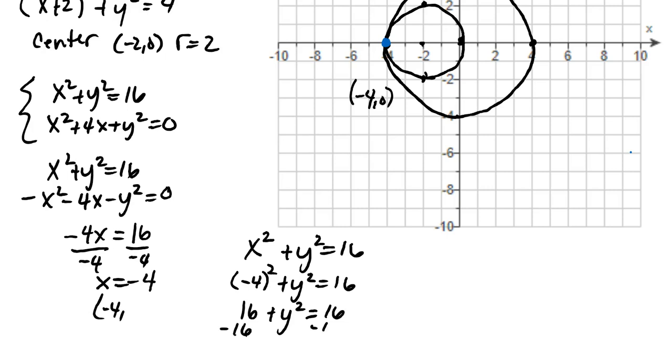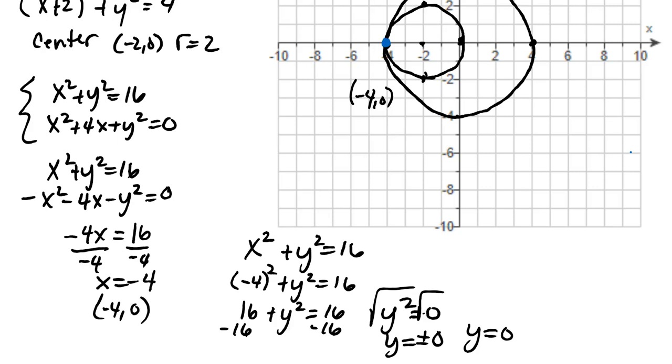I subtract 16 on both sides. That gives me y squared equals 0. And when I square root both sides, I get y equals plus or minus 0, which is y equals 0. And we get the same intersection point that we got visually with the graph. -4, 0 is the solution to the system.